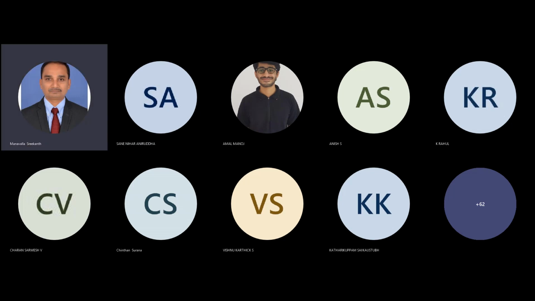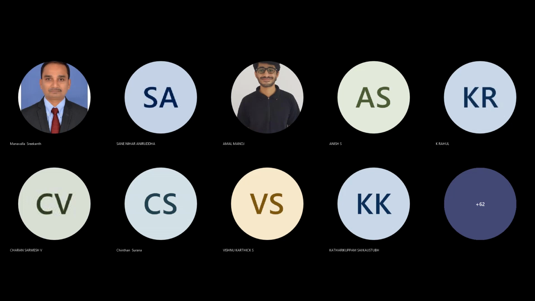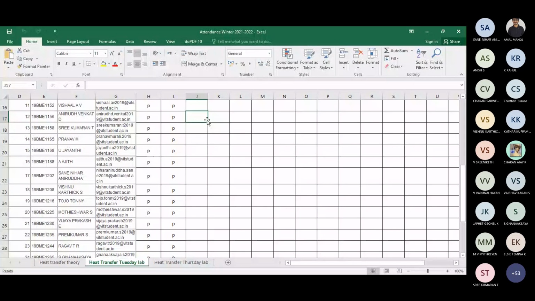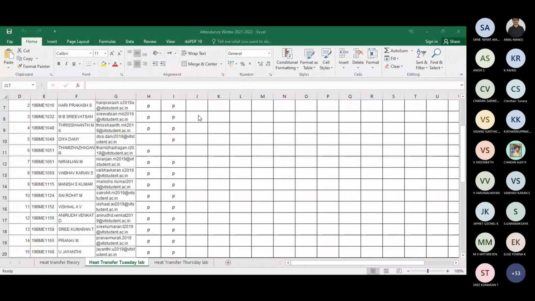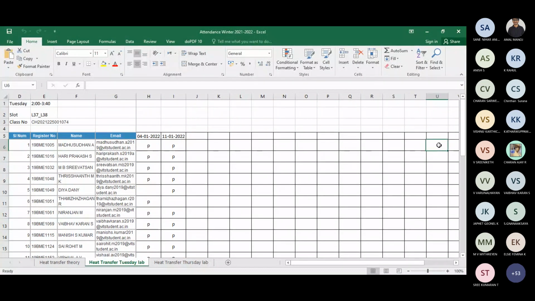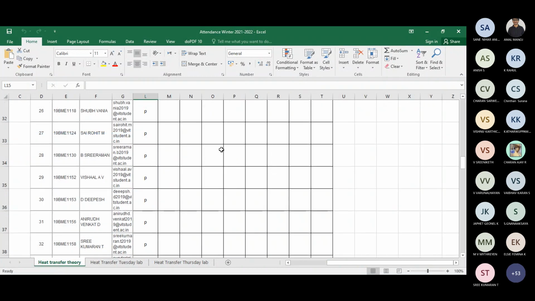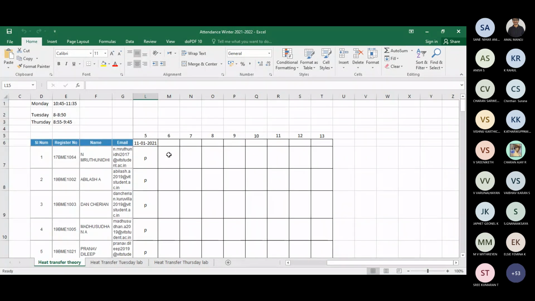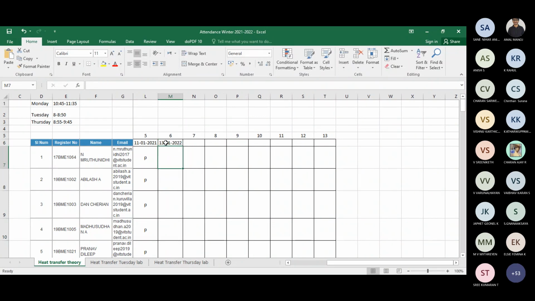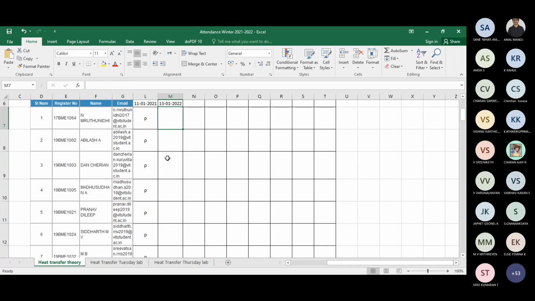All right. Let me take your attendance now. Mrutunidhi, present, sir. Ancharian, present, sir. Madhusudan, present, sir. Pranav Dilip, present, sir.